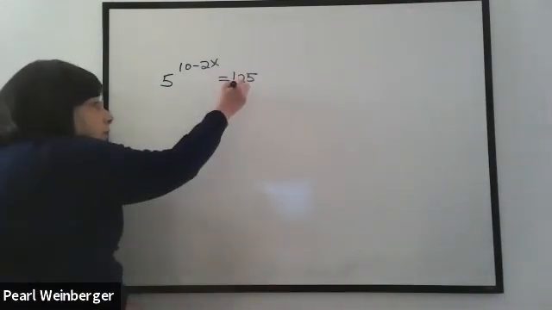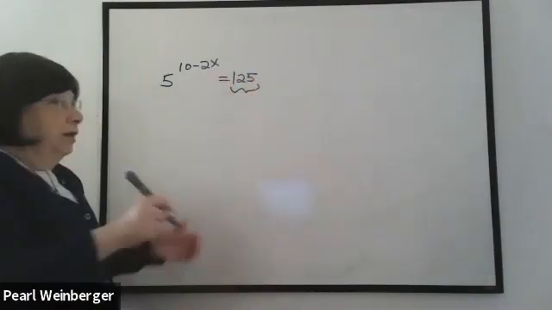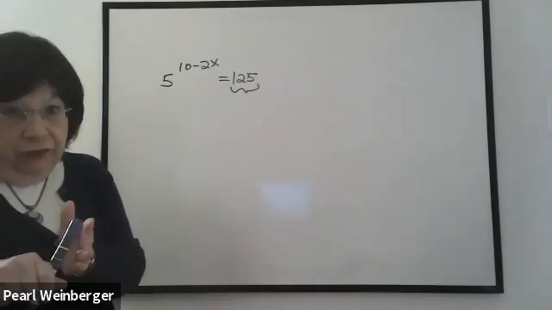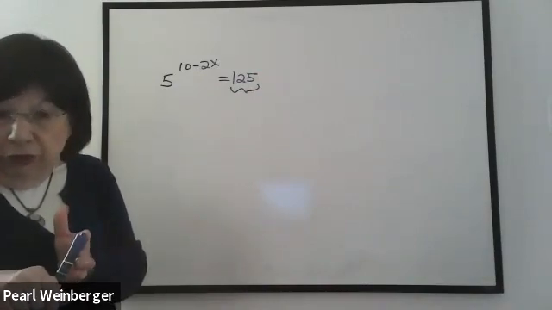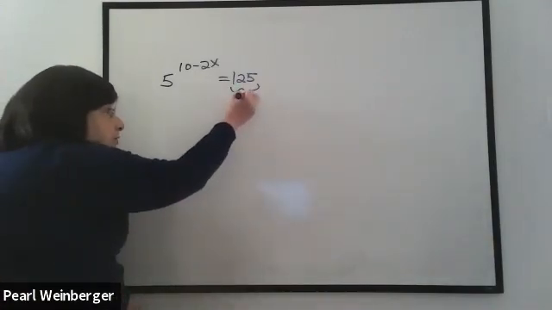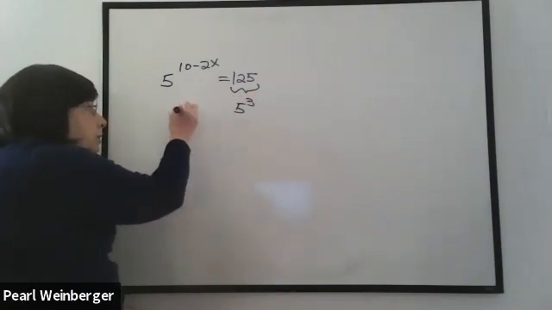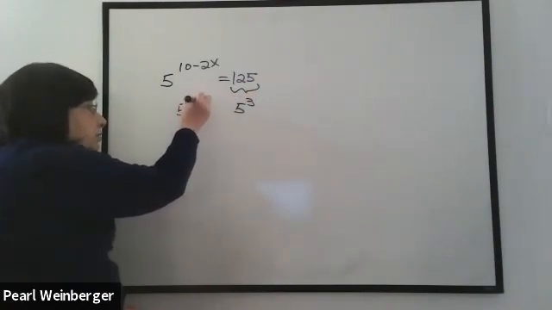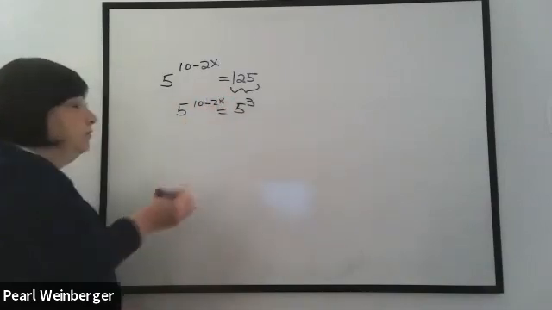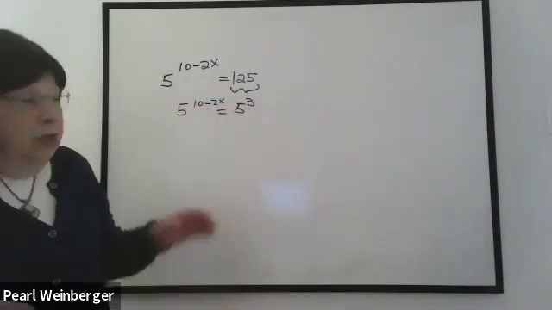And yes, we realize if we try it, 5 times 5 is 25, and 25 times 5 is 125. So this is really another way of writing 5 to the 3rd power. So it turns out that we have the 5 to the 10 minus 2x equaling 5 to the 3rd power.